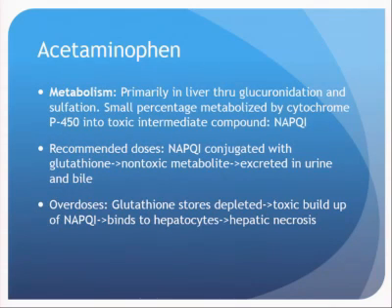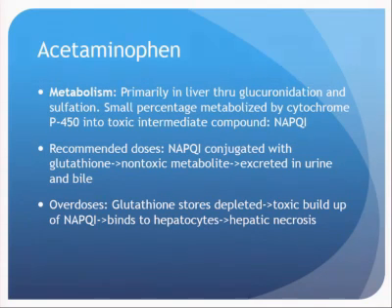All right, so how does this all happen? Acetaminophen is metabolized in the liver. A small percentage is metabolized by cytochrome P450 into a toxic intermediate compound called NAPQI. At recommended doses, the NAPQI is conjugated with glutathione, and this creates a non-toxic metabolite, which is excreted in urine and bile.